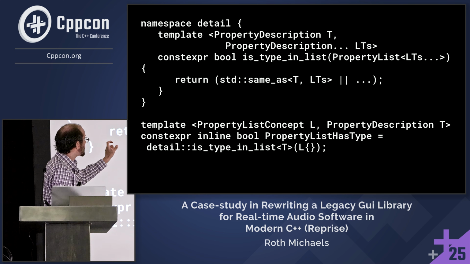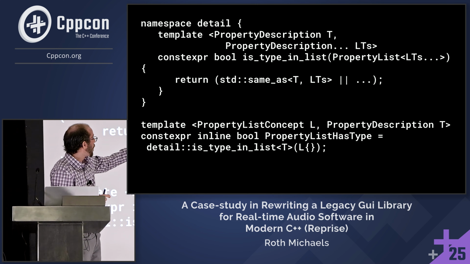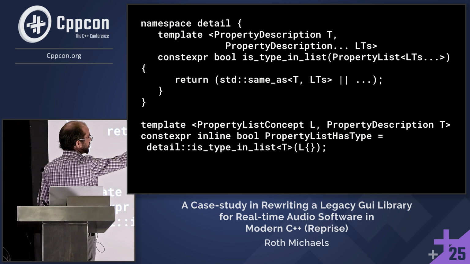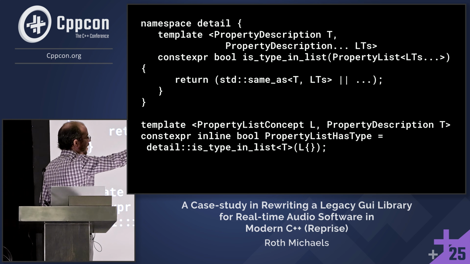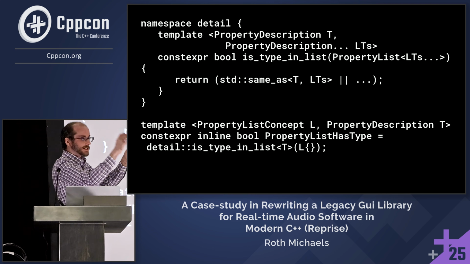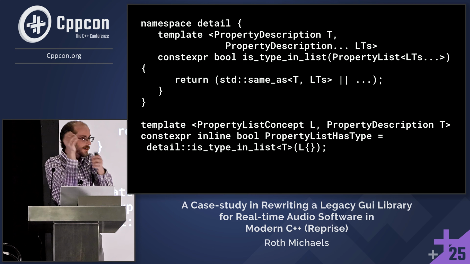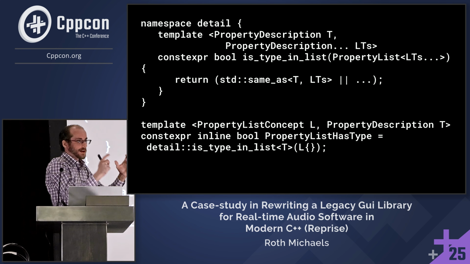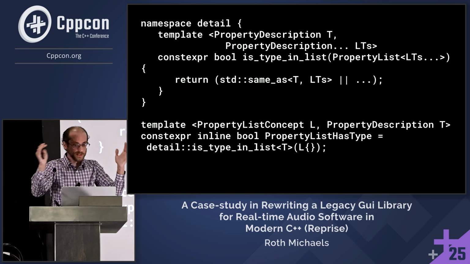So essentially what this means is I had the same as or... It's going to stamp out for every type in that Ts parameter pack. It's going to do same as T type, or same as T type, or same as T type, or, and you can put the dots before or after, and that just shows you where the parentheses are going.